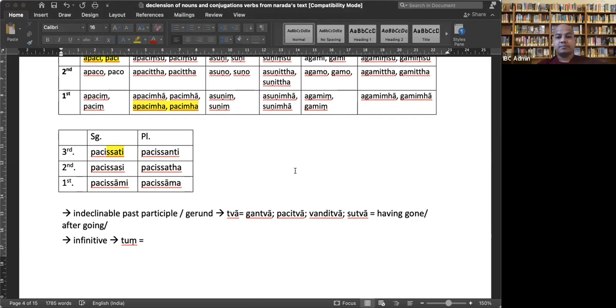Gachati, for example, somebody goes. Gachati becomes gantum.